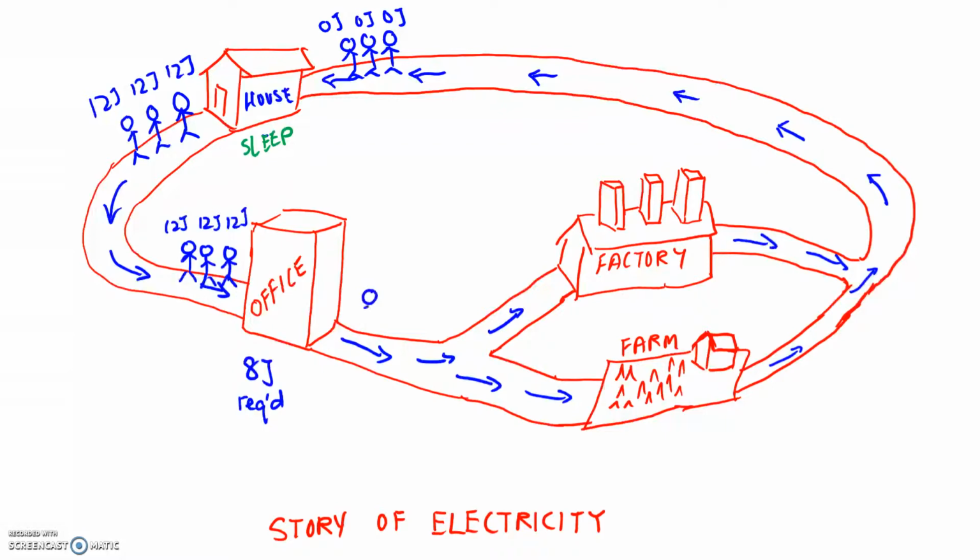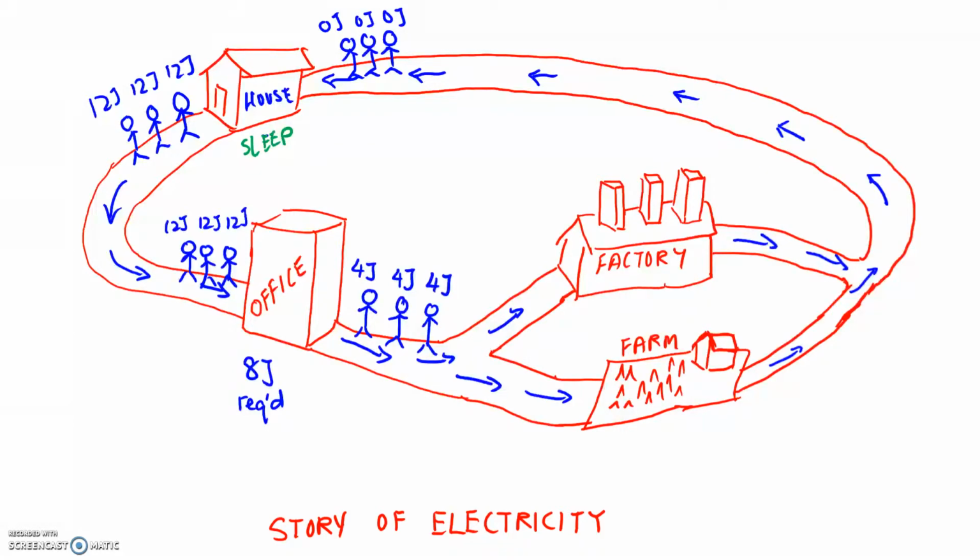So when you exit from the office, sorry, you only have 4 joules of energy left. Right, because 12 joules of energy is what you have initially. You use 8 joules of energy, so right now you are left with only 4 joules of energy.